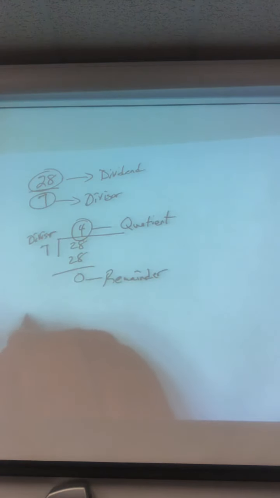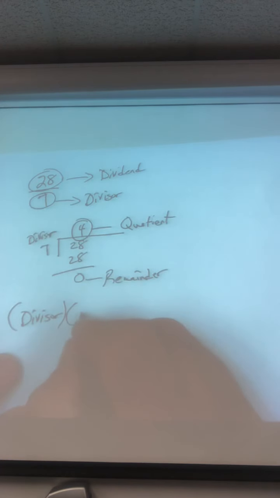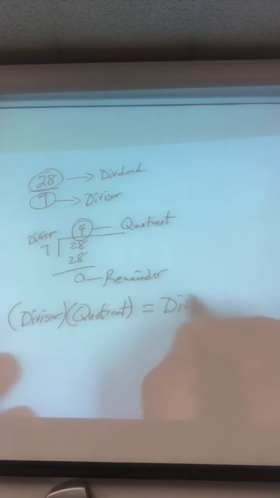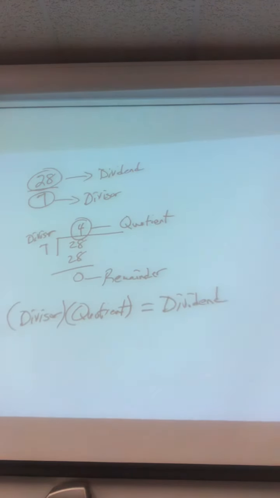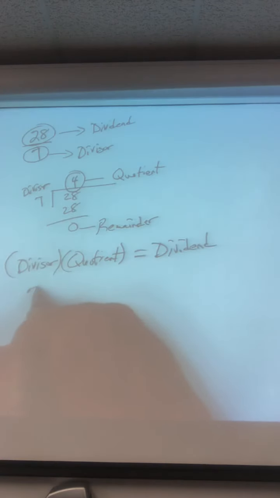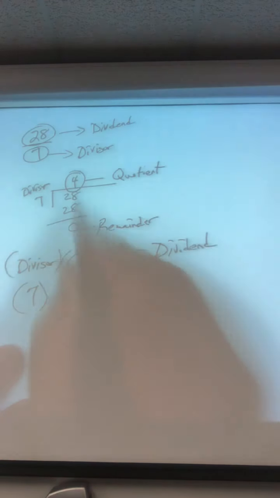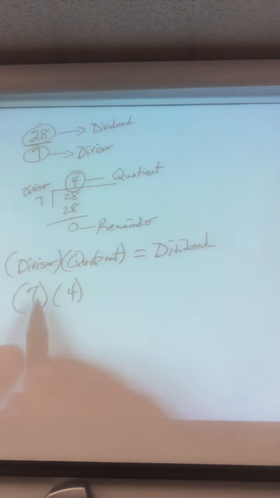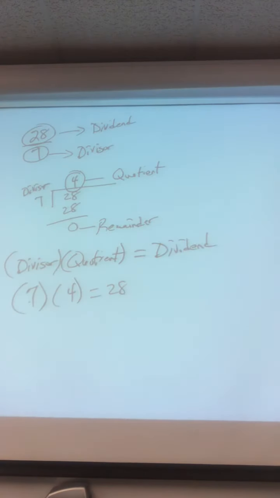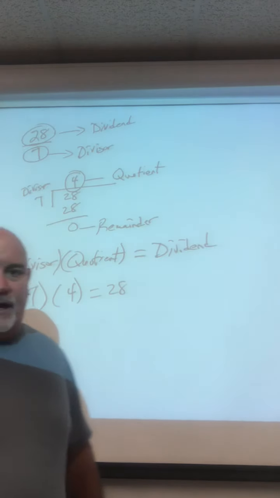So if I take my divisor and I multiply it times my quotient, I should get my dividend. Now, I don't have to account for the remainder in this problem because the remainder is 0. So what was my divisor? It was 7. What's my quotient? That's your answer. That's 4. If you multiply 7 times 4, what do you get? 28. Was that the dividend? Yes. So the divisor times the quotient equals the dividend.